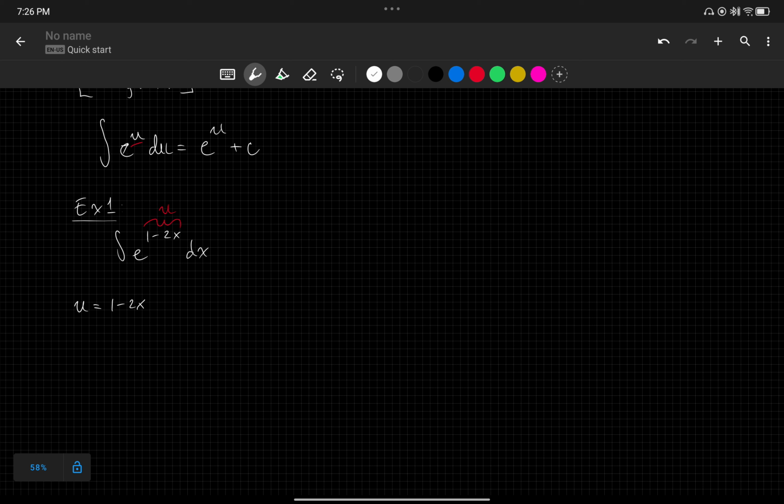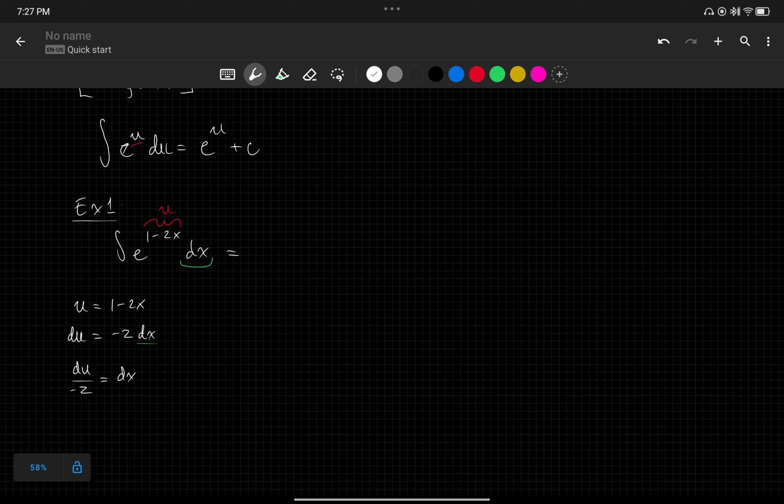And then when you do du, the derivative is just negative 2 and then dx. But you have to replace equals for equals. So the fact that you have dx over here by itself, I need dx over here by itself. So for that reason, it's going to be du over negative 2. And that'll be dx.